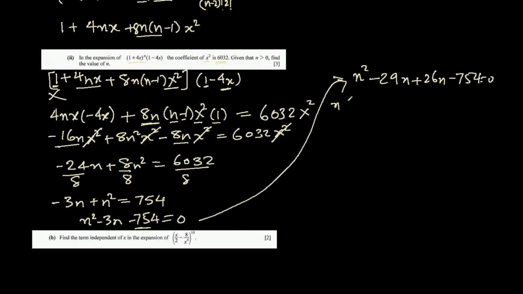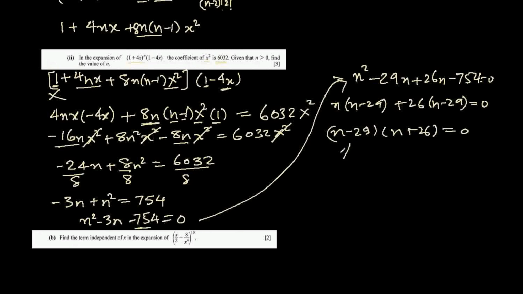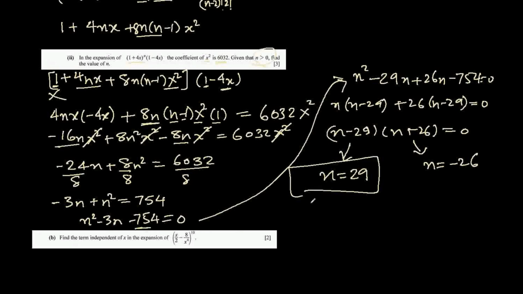So (n minus 29)(n plus 26) equal to 0. This gives us n equal to 29 and n equal to minus 26, and they have given in the question here that n is greater than 0. It's a positive number, so this is the answer. This is rejected.